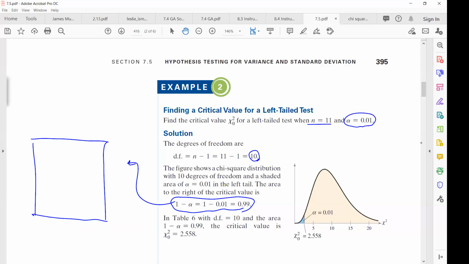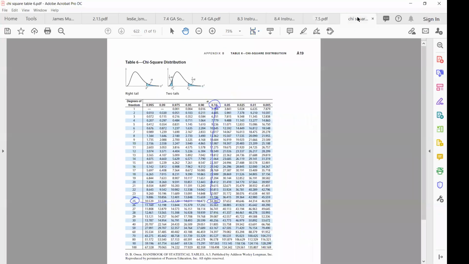Degrees of freedom, 10, and 1 minus alpha is 99%. The intersection between these two gives you your critical value, which is 2.558. Let's take a look at our table. 10 and 99%.